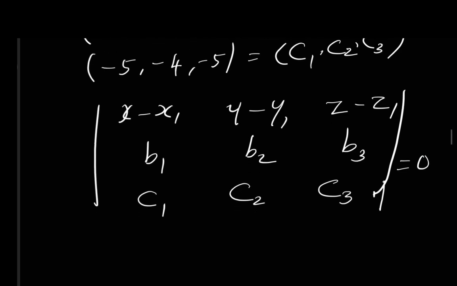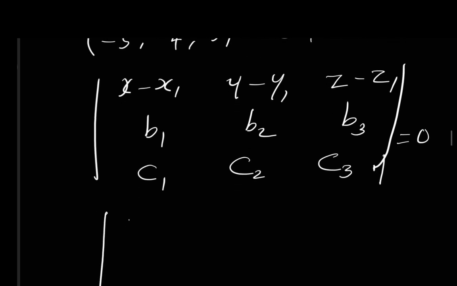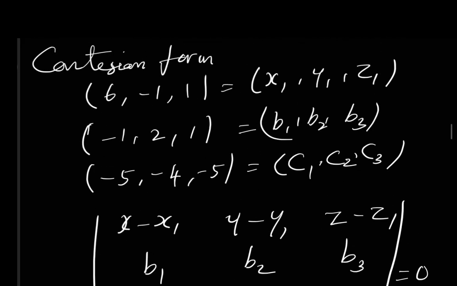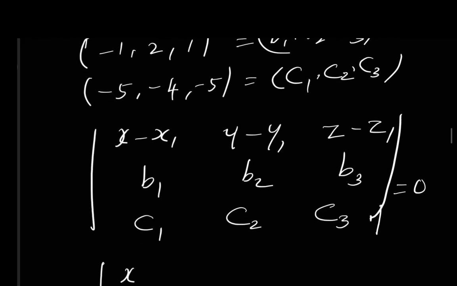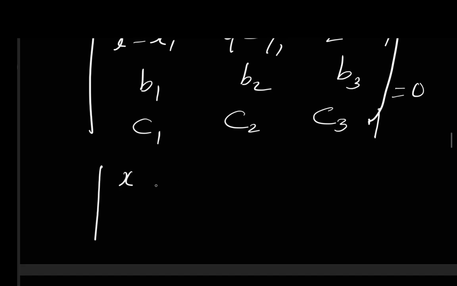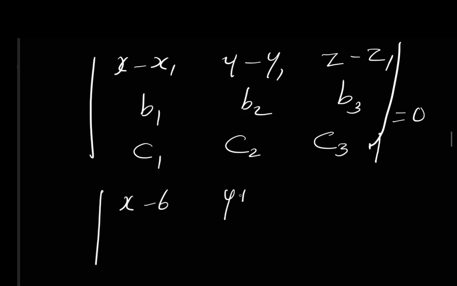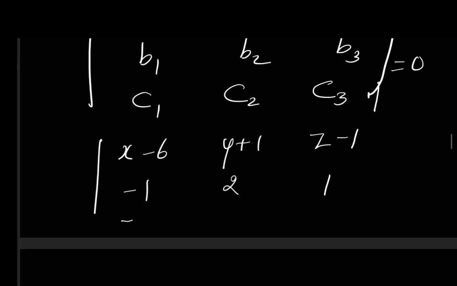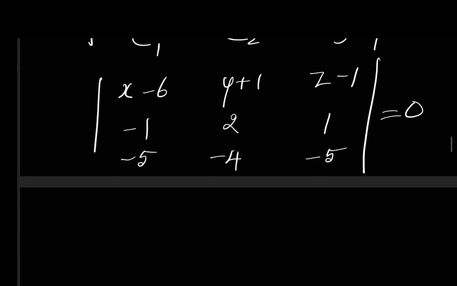Substitute the values. So x minus 6, y minus of minus 1 is plus 1, z minus 1, then b1, b2, b3: minus 1, 2, 1, and minus 5, minus 4, minus 5, is equal to 0. You solve this.